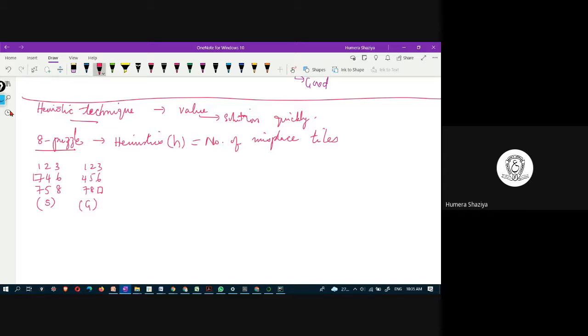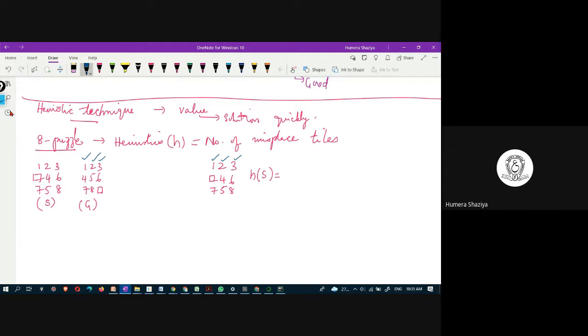All right, we start with this 1 2 3 empty 4 6 7 5 8. We will find the heuristic for this state. H of start state, h of S, is equal to how many tiles are misplaced. Compare this with the goal state. One is placed correctly, two is placed correctly, three also.